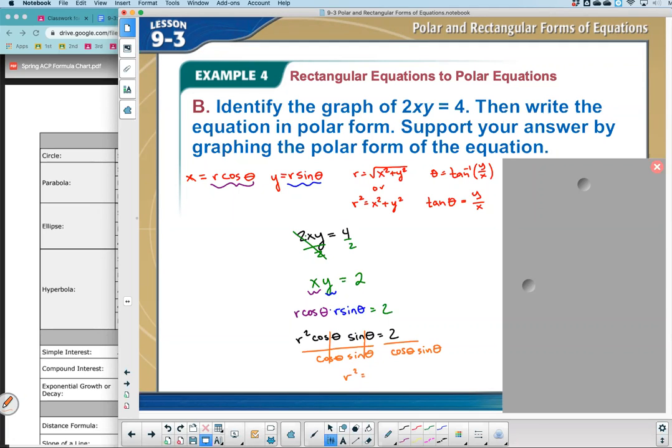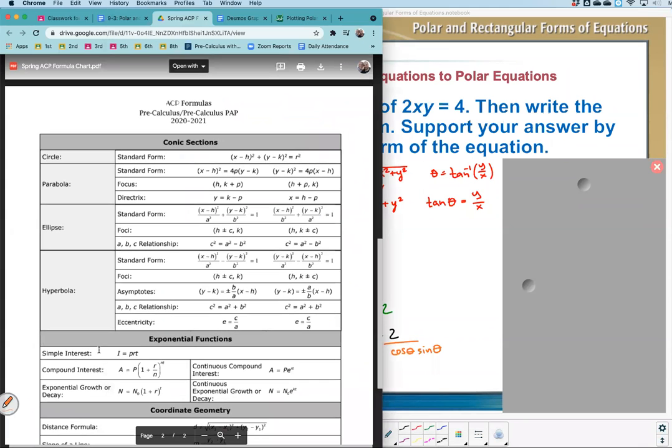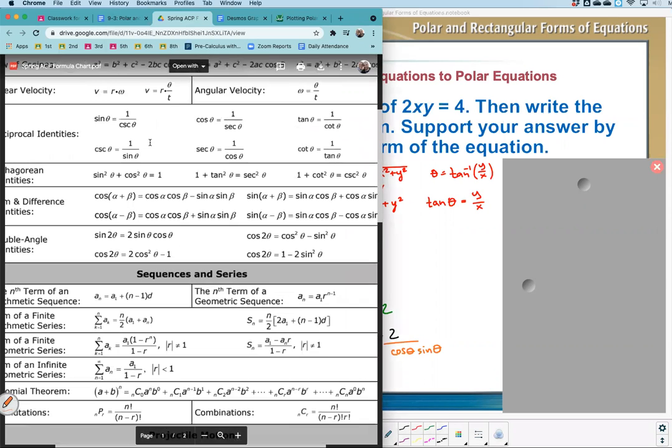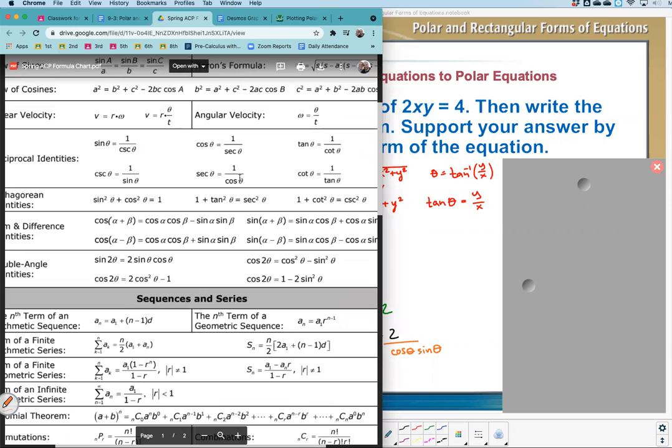So we have r squared equals, and now here, little chapter 5 identities. I'm going to go back to my formula chart. I'm dividing by cosine and I'm dividing by sine. If you look over here on the chapter 5 identities, when you divide by cosine, where is that? Here it is.